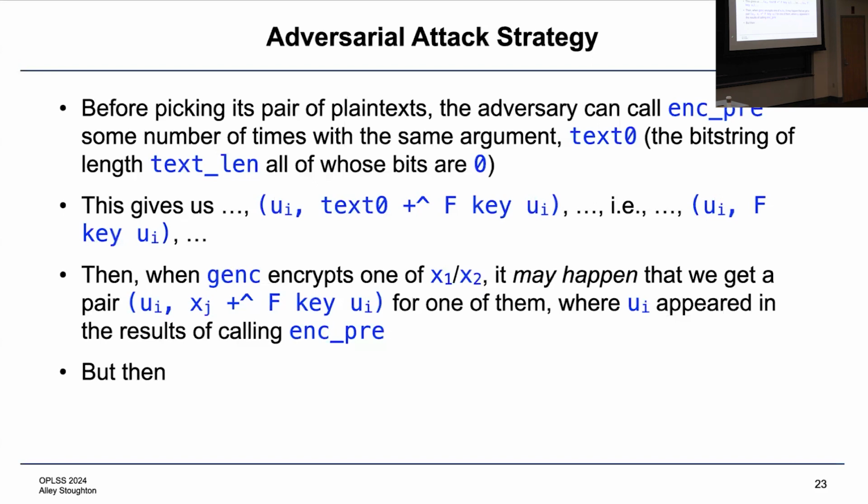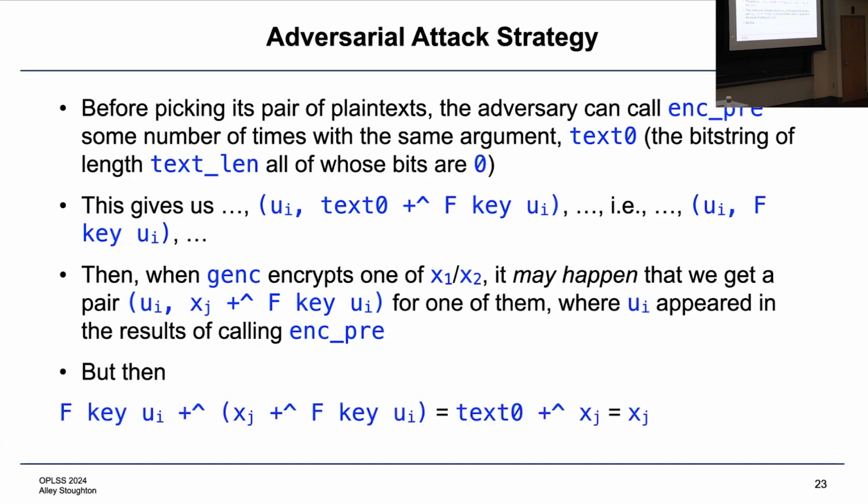And if that happens, then our heart leaps with joy if we're the adversary, because what we do is we take this here, the second part of the ciphertext that we got back from the game, and then we take F_key(Ui), which we got from this table.